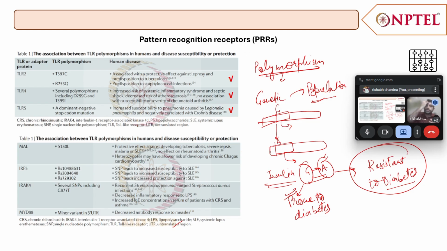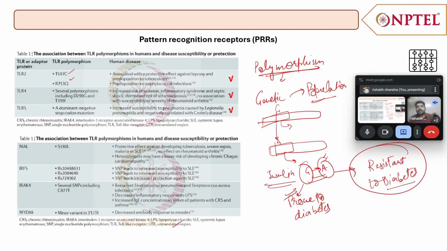Now what happens is these TLRs also show some polymorphisms so that they make those particular organisms susceptible or resistant to the disease. For example, in TLR2, we have seen that T597C or R753Q.